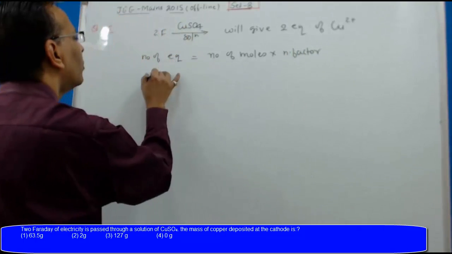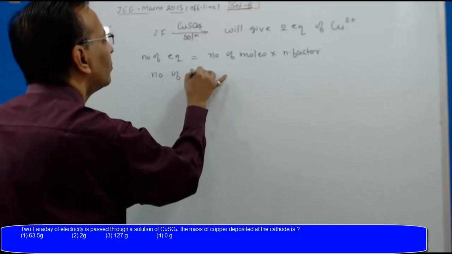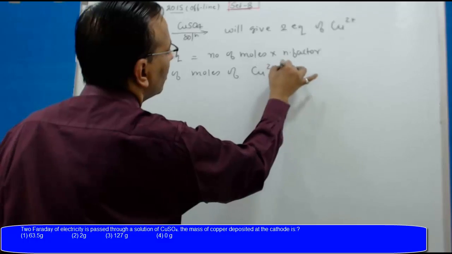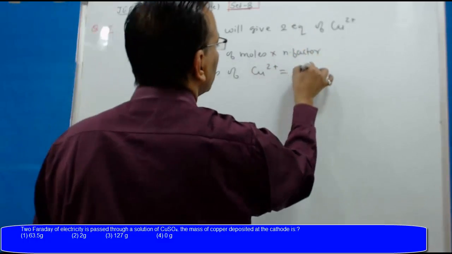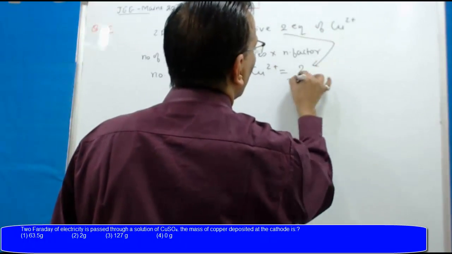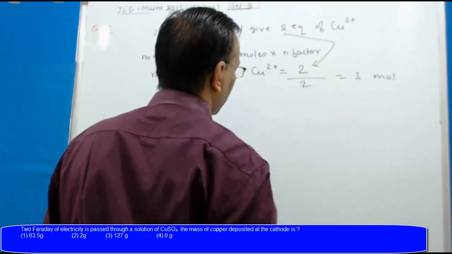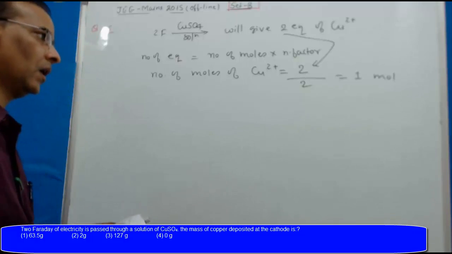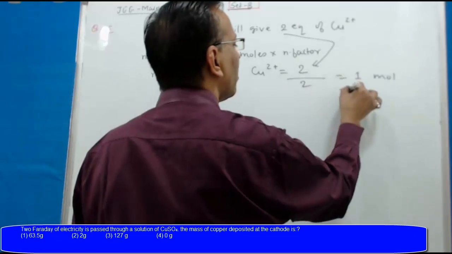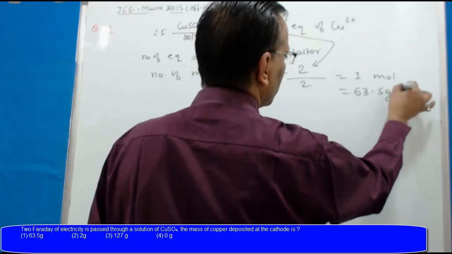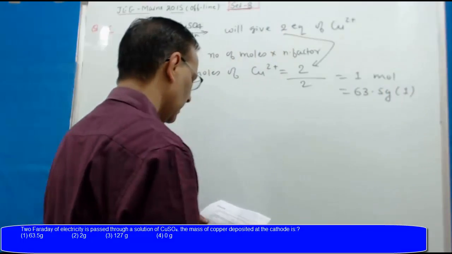So number of moles of copper deposited will be number of equivalent 2 divided by n factor 2, so 1 mole. And 1 mole of copper is what? 63.5 gram copper. So answer 1 is the correct one.